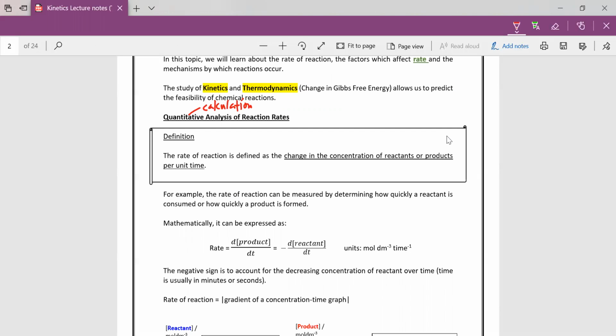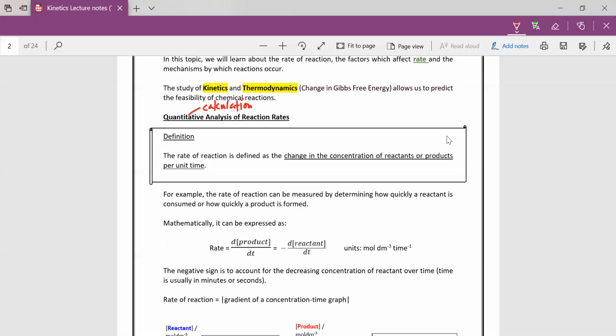How quickly a reaction proceeds, we can determine by measuring either the reactant or the product. The tricky thing is deciding which reactant or which product can be measured easily. That for us is the most important thing, at least for this topic.